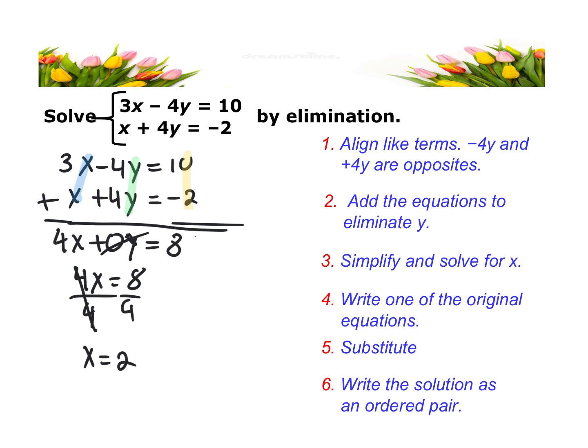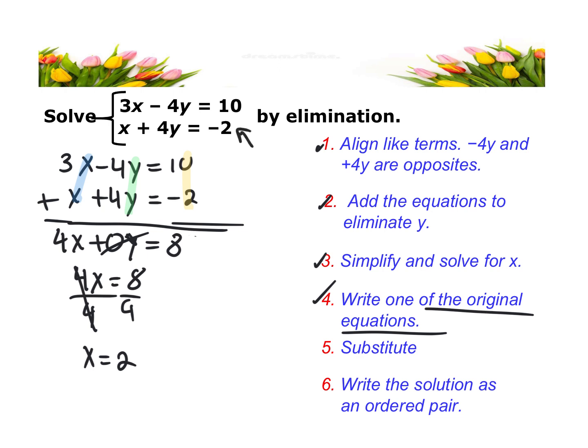So after we solve for x, so we did step 1, step 2, step 3, we want to plug that 2 into one of the original equations. So again, write one of the original equations. I'm not going to rewrite them because they're the same, and they're already written for us. And for step 5, we substitute. So I'm going to grab that 2, and let's say I'm going to plug it into here.